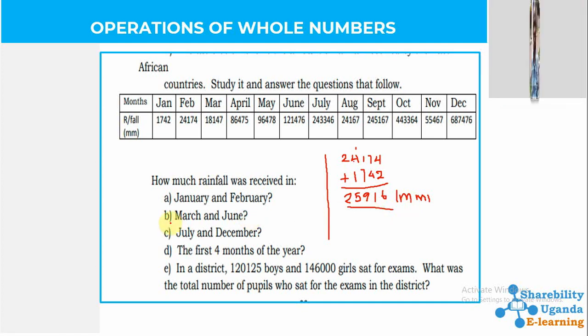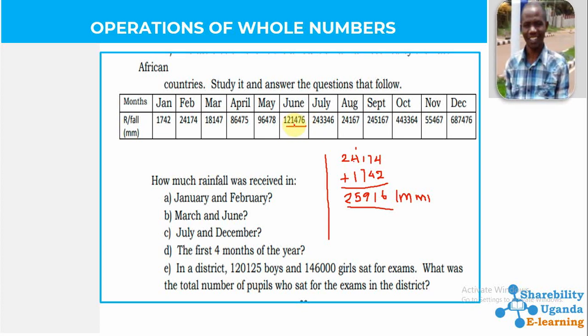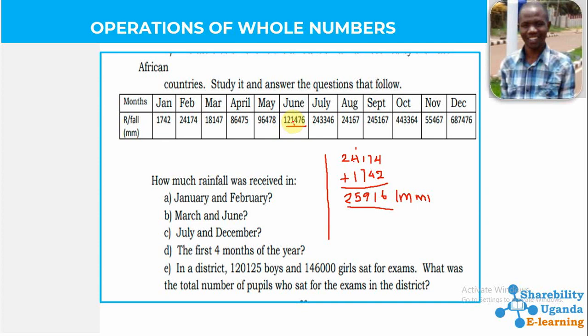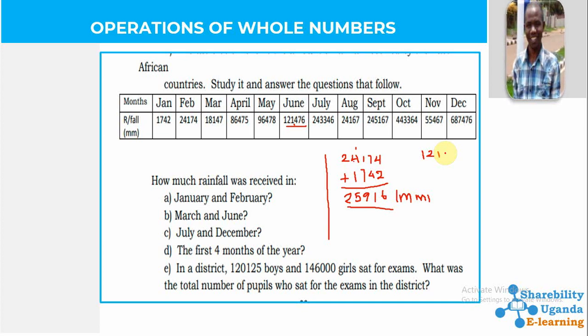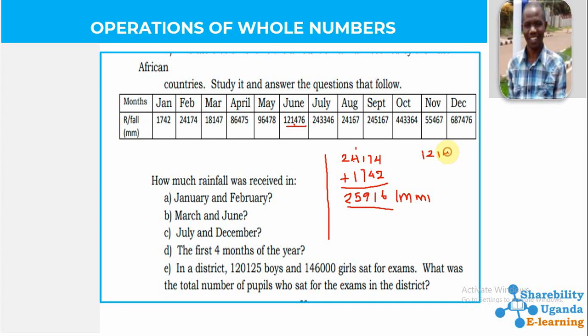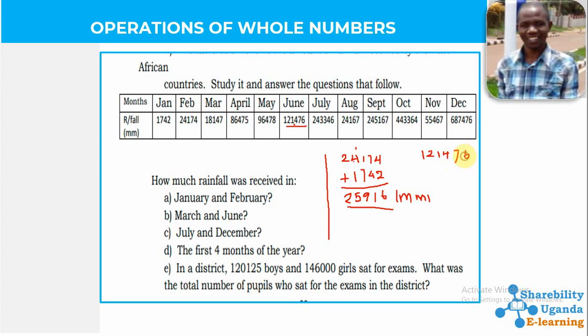So also when you look at March and June, you still do the same thing. If we have our March and June, we start with our June, which is having the biggest number. You can see this is 121,476.